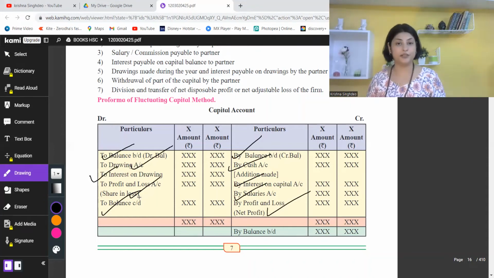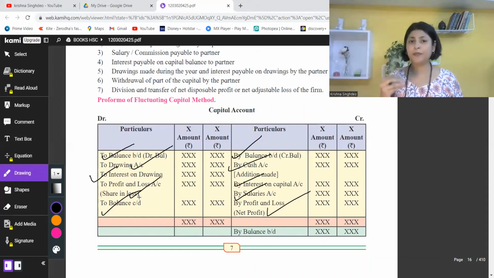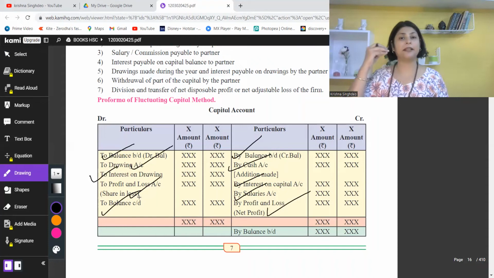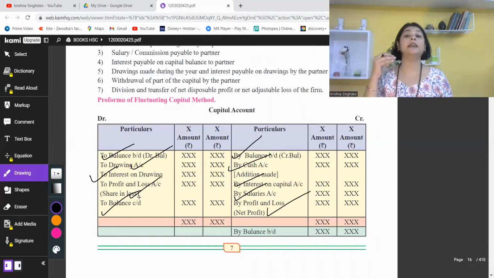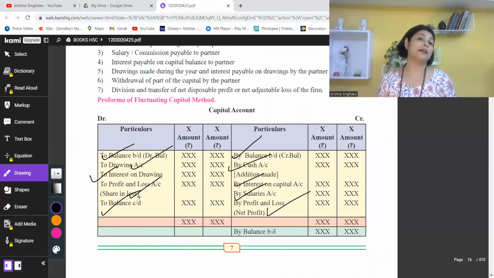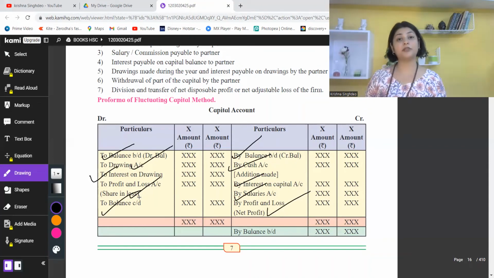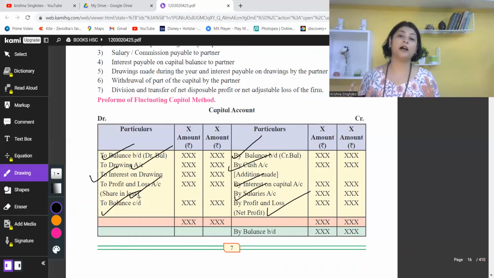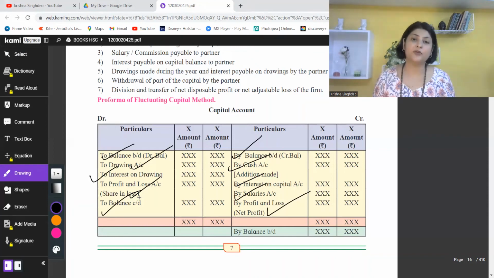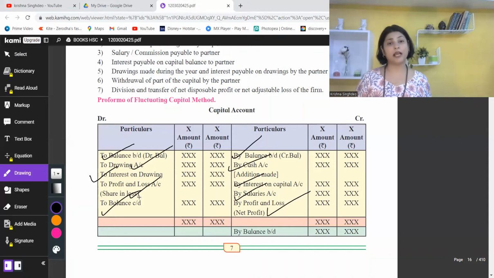You have written opening capital, any introduction of capital, any interest on capital, any kind of salary or commission given to the partner, or remuneration. All the items we had written on the credit side of the current account have also come over here under one account only. So this is easy to make because you don't have to think whether this item goes to the current account or capital account.